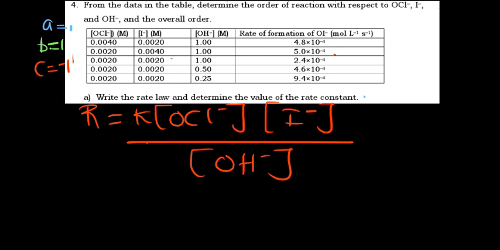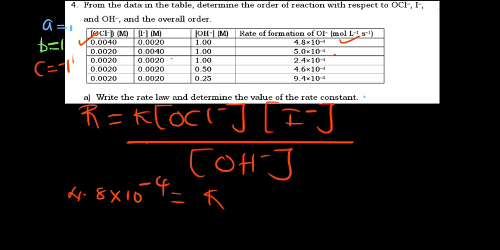So I can go for experiment 1, and then I'll plug in the values that we have. So for the rate for the first experiment, we had 4.8 times 10 to the power negative 4 being equal to K, and then you can plug in for the other reactants.